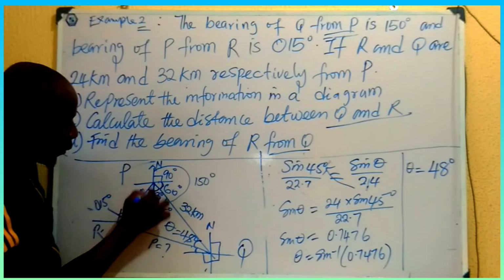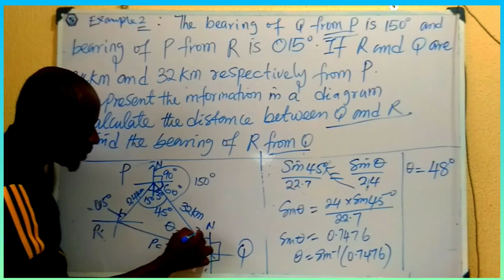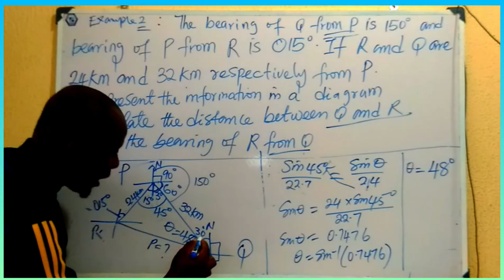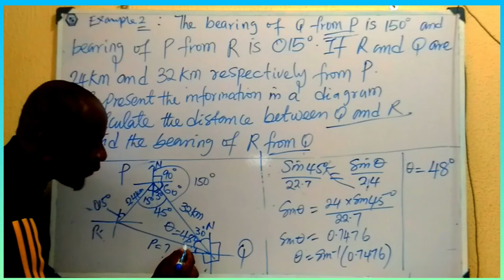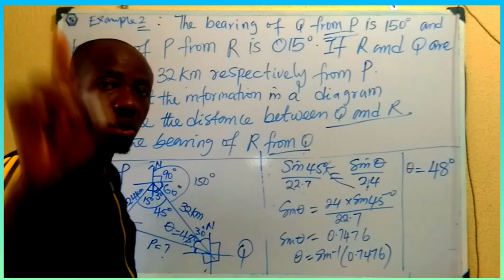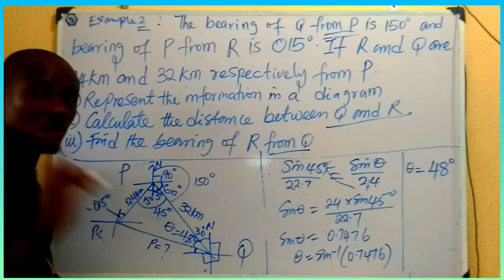Remember that this angle is 30. It's alternate to this one, which is 30. So if here is 30 and here is 48, what do we have left? Remember we said that each quadrant represents 90 degrees. So the whole of this angle is supposed to be 90 degrees.